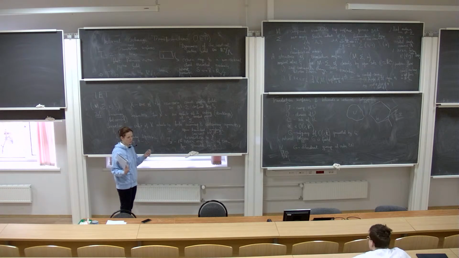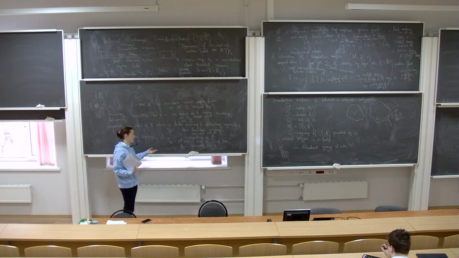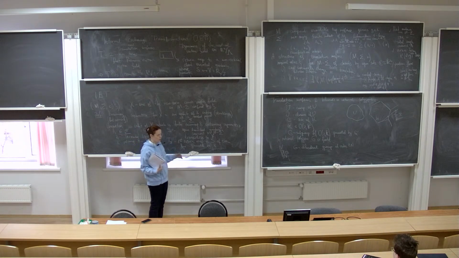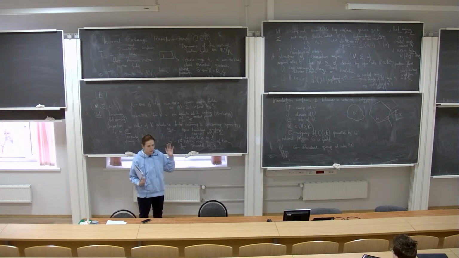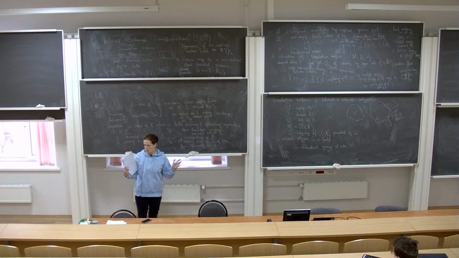First point is, why should we be back? Why can we define the first return? Maybe we will never be back for many points. This can never happen. And why is it true?